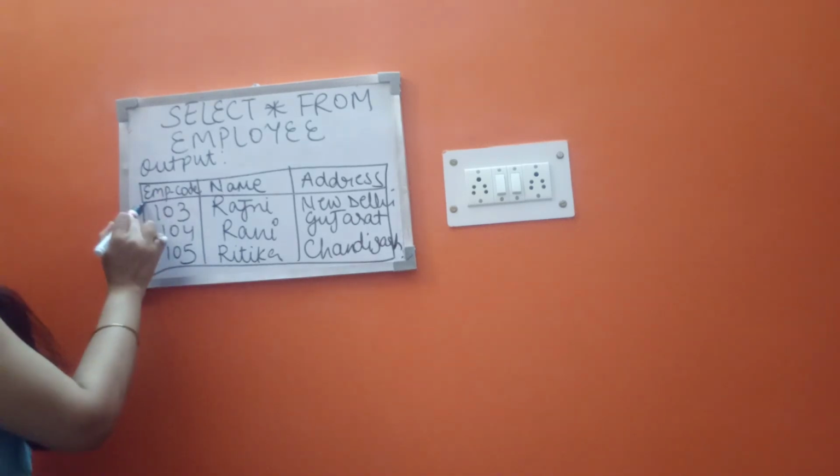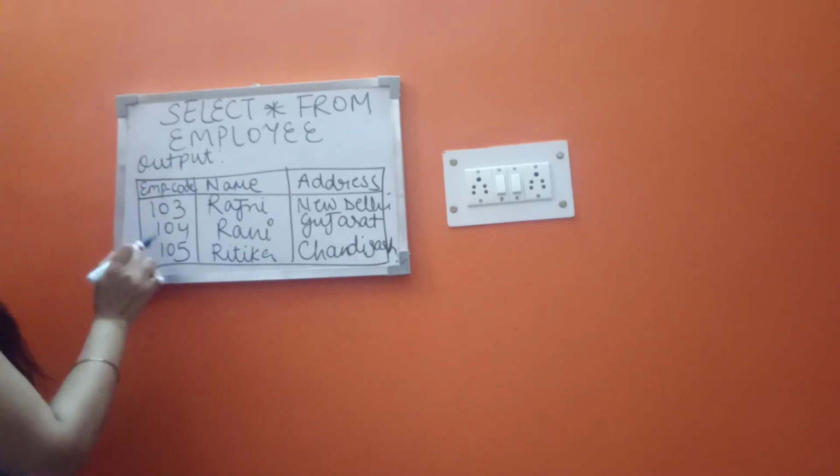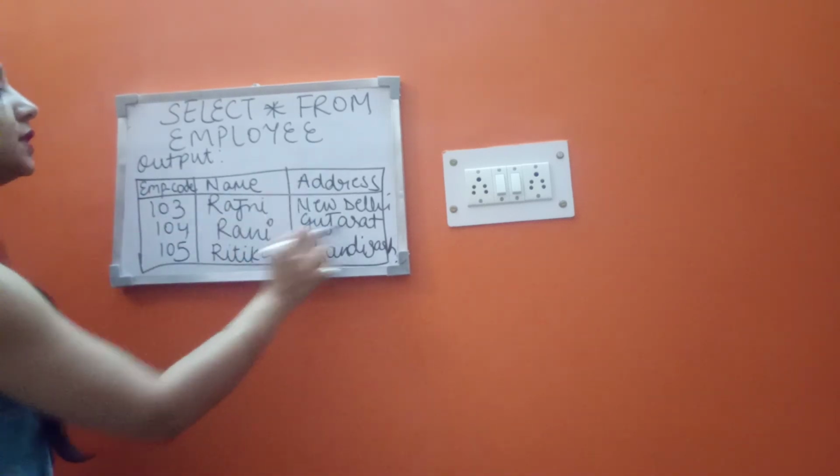Previously, the table had records employee code 103, name Rajni, address New Delhi. Employee code 105, name Rani, address Gujarat.